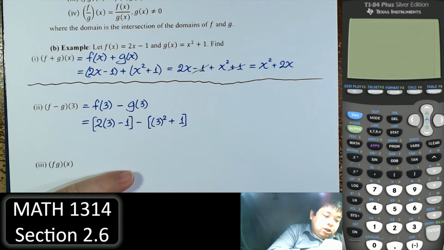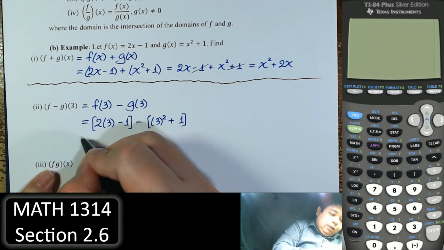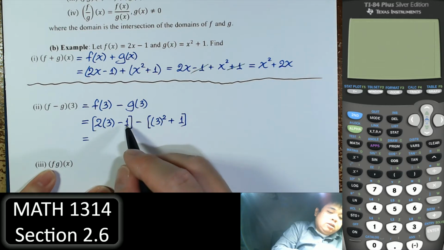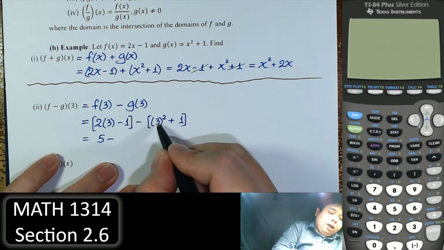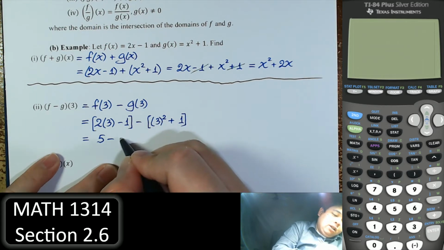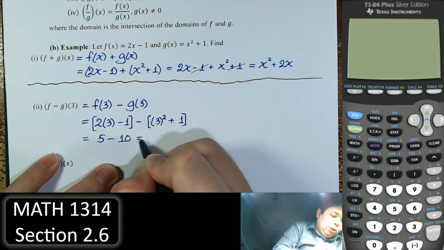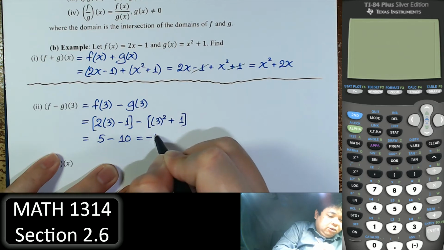So that is 6 minus 1 is 5. And then that is 10. So we have minus 5.